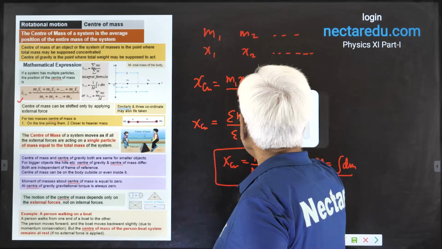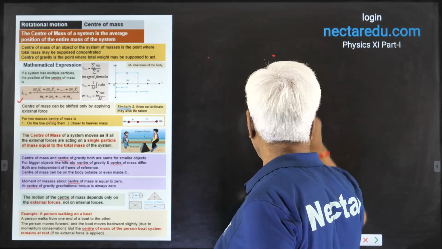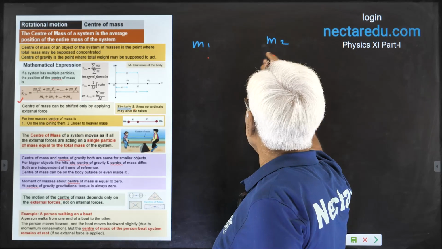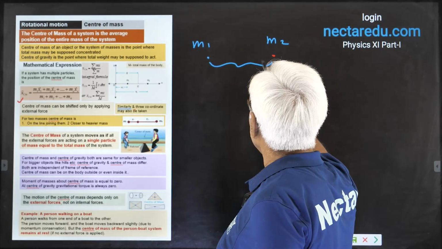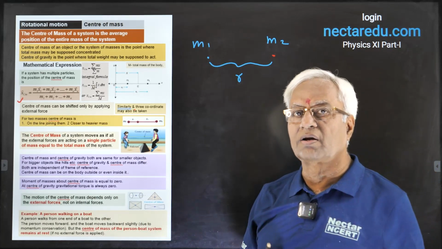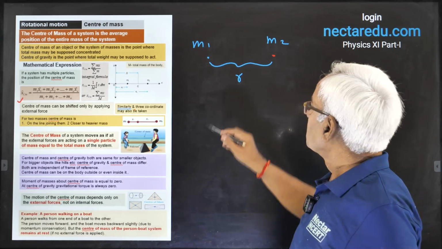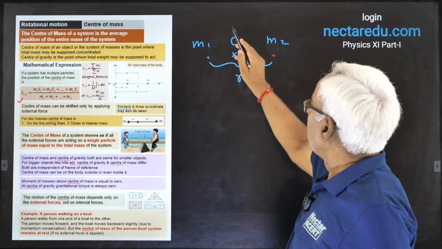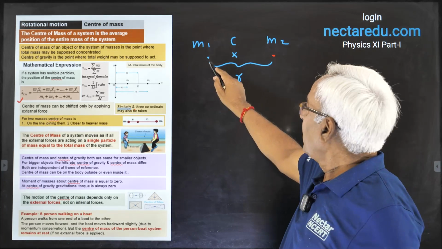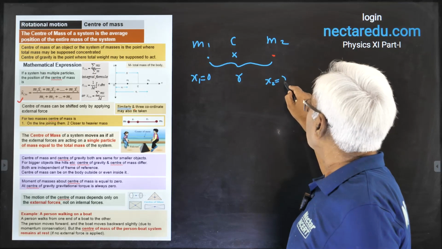Now, if you consider a system of two masses only, this is M1, M2, and they are at a distance, suppose, a small r. The distance between them is small r. Then obviously they are forming a system and you can locate the center of mass. Suppose center of mass is here, say point C. Now if we consider this point as origin, x becomes 0 for M1 and here it becomes r.